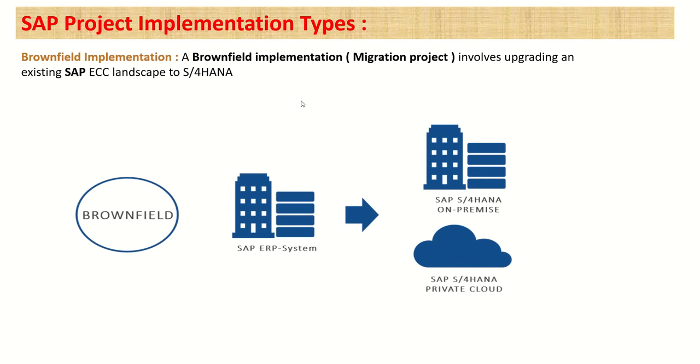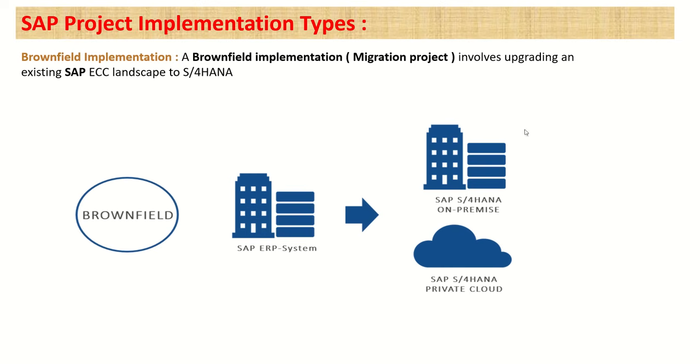One project type I forgot to mention, that is the upgrade project. In case of an upgrade project, consider a scenario where currently they're using S4HANA, let's say 1709, and they want to go for 2020 or 2022. Even though they're using S4HANA, they want to upgrade that system to the latest version of SAP HANA.